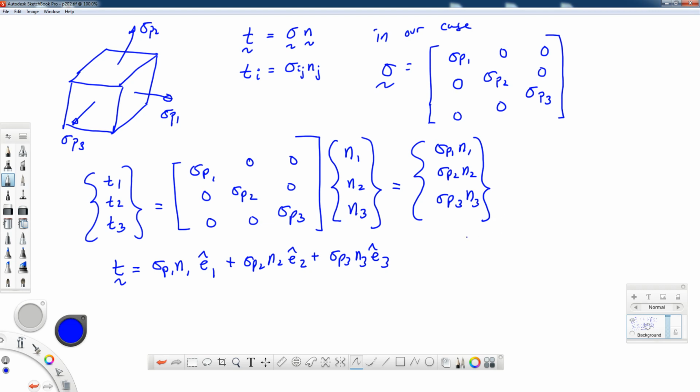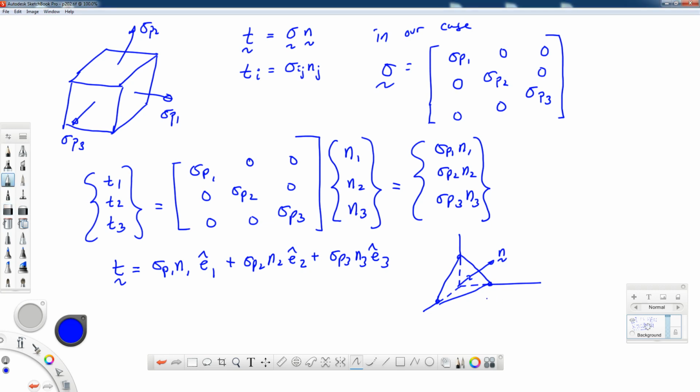Now, let's look at this from the perspective of the Cauchy tetrahedron. We have some plane there that has a unit normal n, whatever we want it to be.